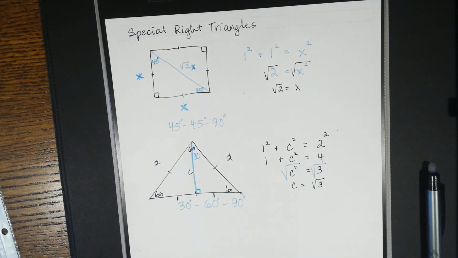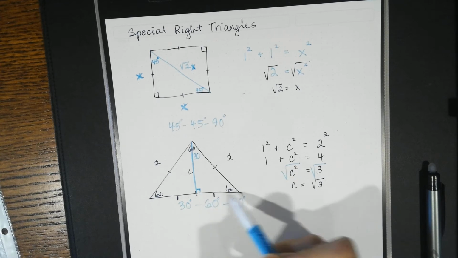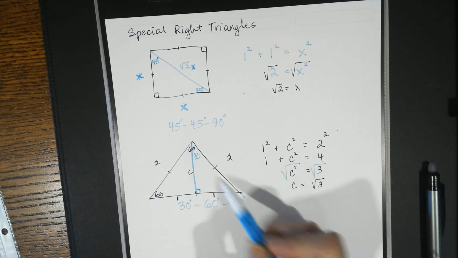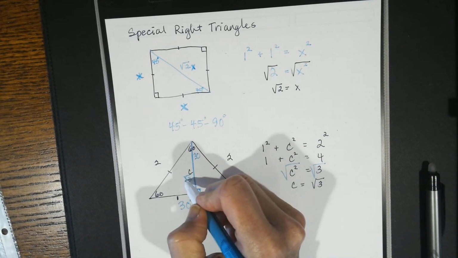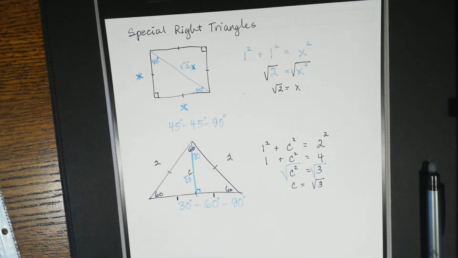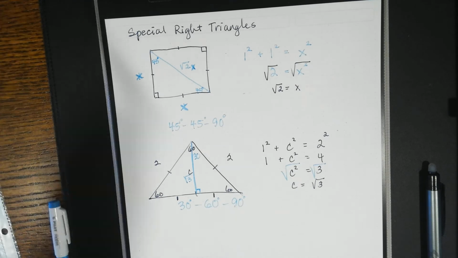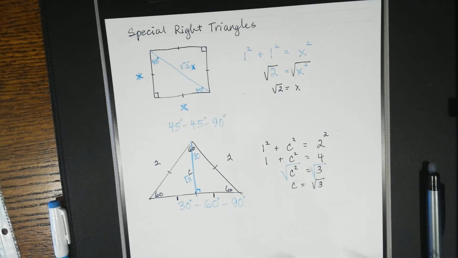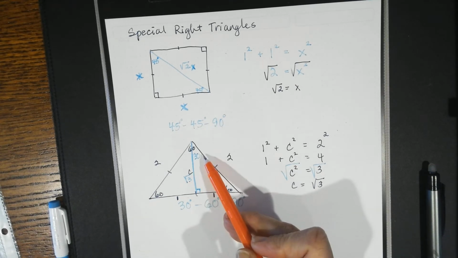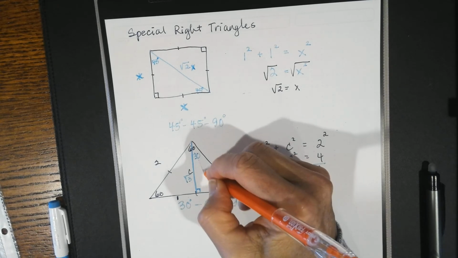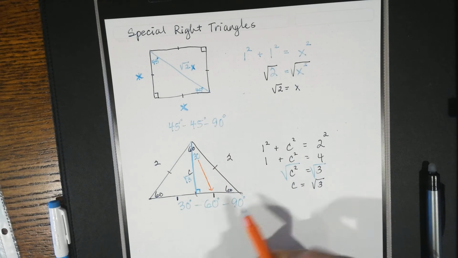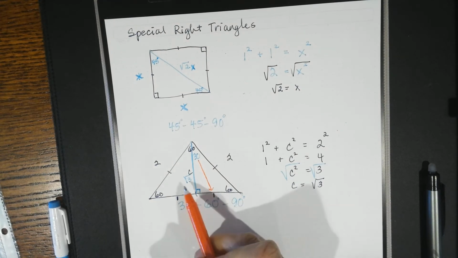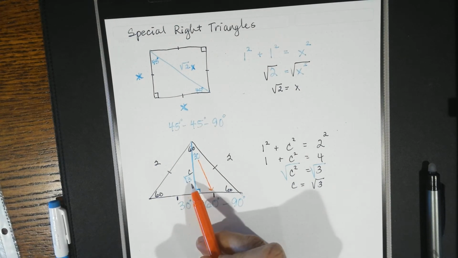Okay, which means over here, this side is 1, this side is 2, and this side here is the root of 3, which sort of makes sense if you think about it here. I want to point something out. This is my smallest angle, and it's across from 1. This number, root 3, is 1.732.